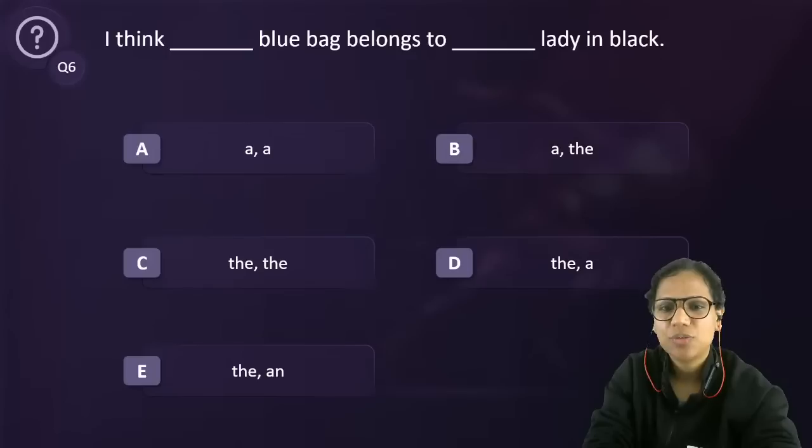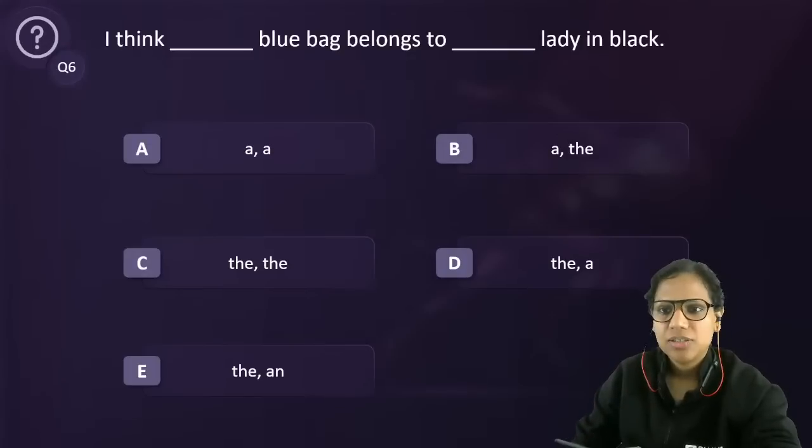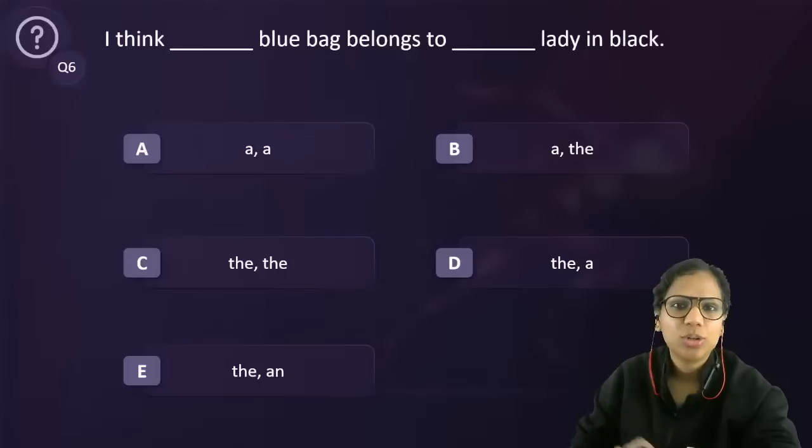The concept now is of articles. So, okay, Khushbu, good question. I'll address this. Let's finish this.